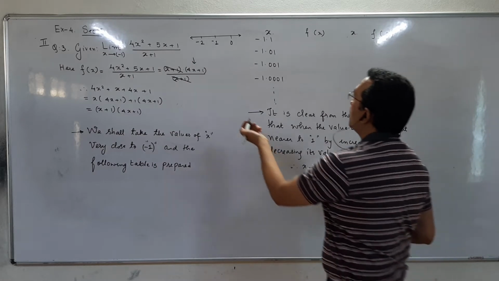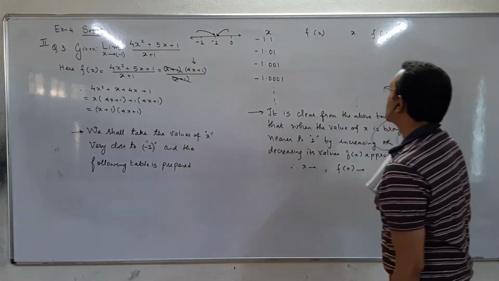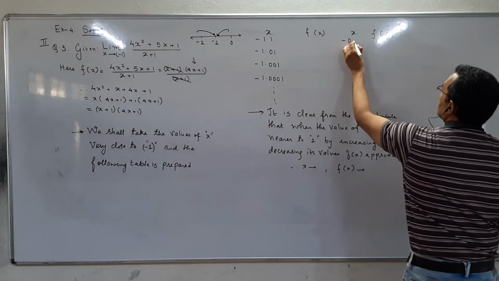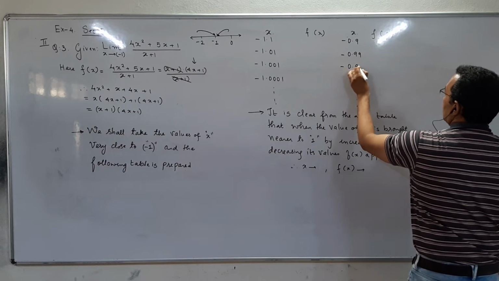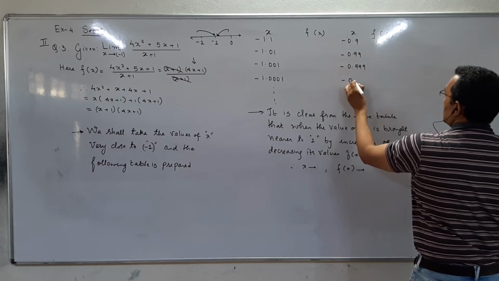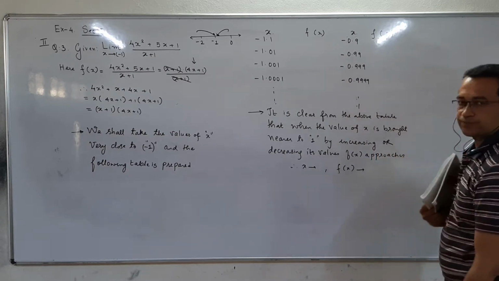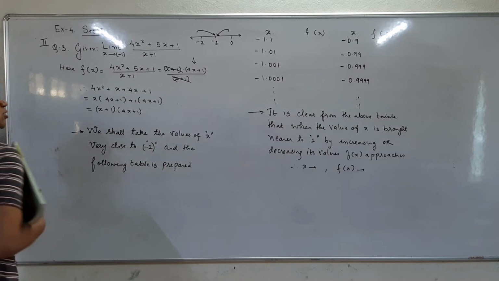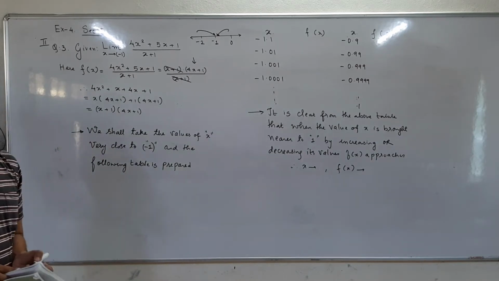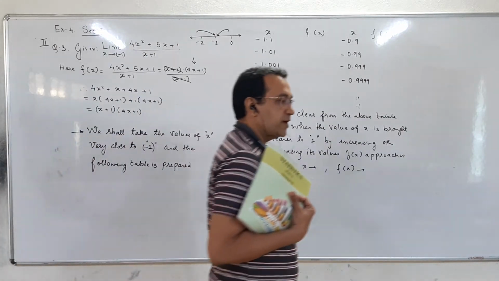If I shift 0.1 to the right, then it will be -0.9. Then -0.99, -0.999, -0.9999, and onwards. So negative I have explained yesterday also, today also. I am reiterating, for negative one has to be very cautious.